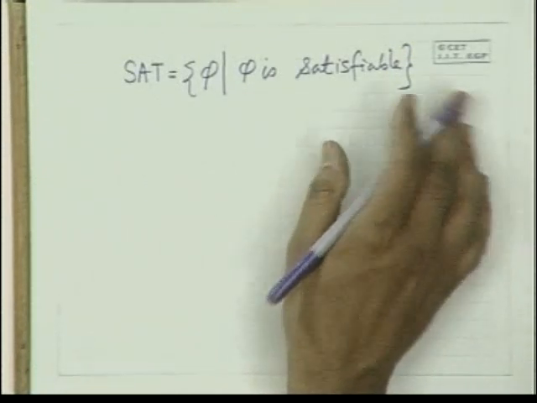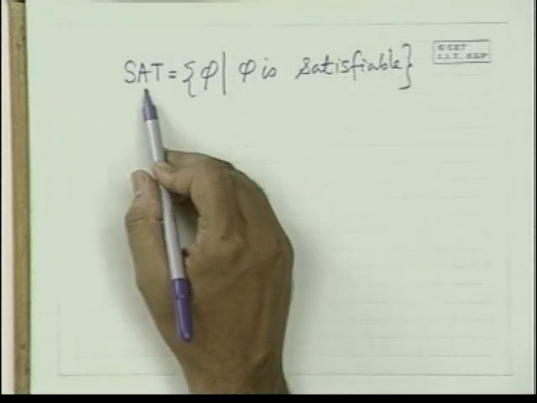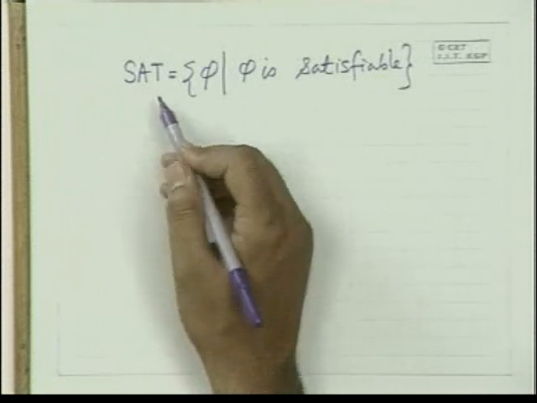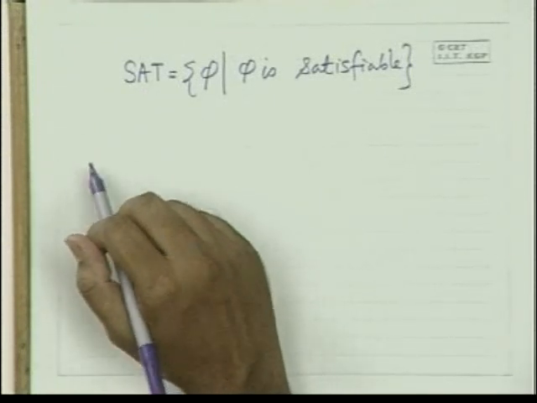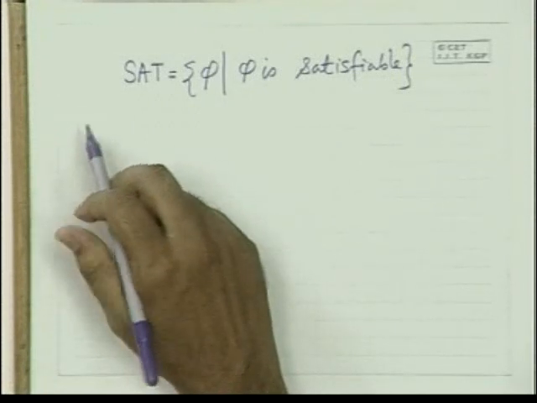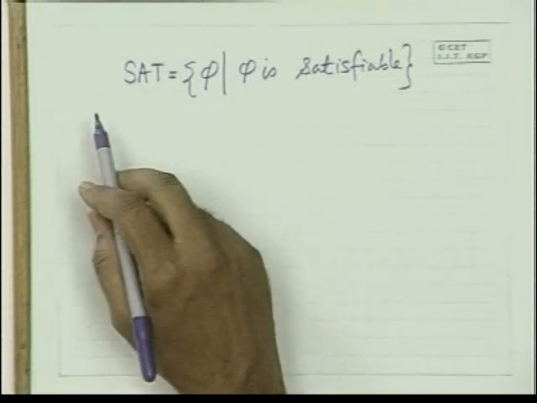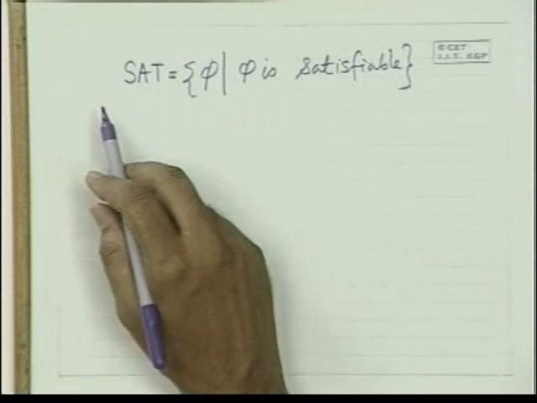So we are asking, what is the class of SAT? First of all, let us see whether SAT is in NP or not. So how do you claim whether SAT is in NP? Given a truth assignment, can you verify whether the formula is actually satisfied?